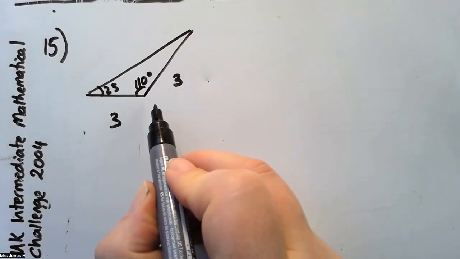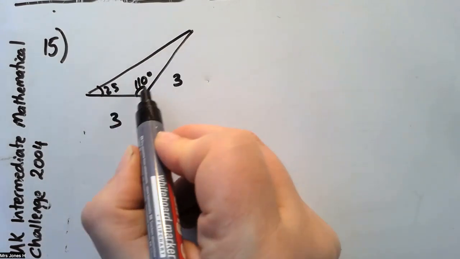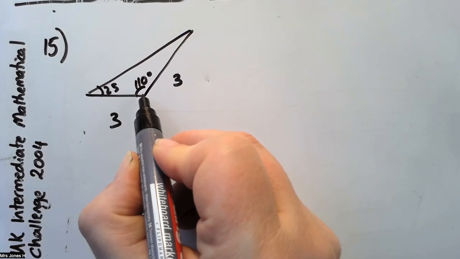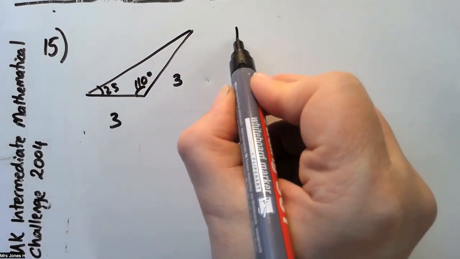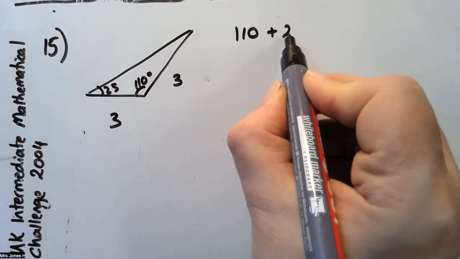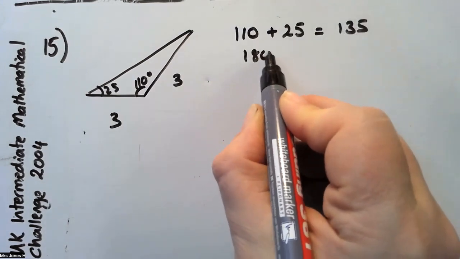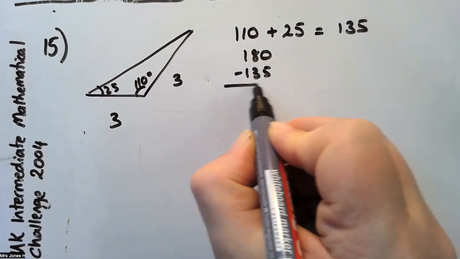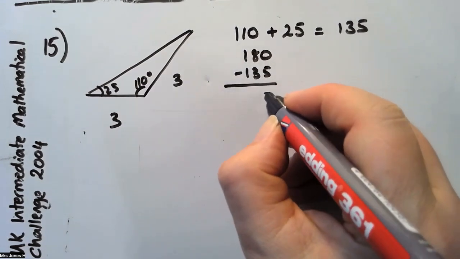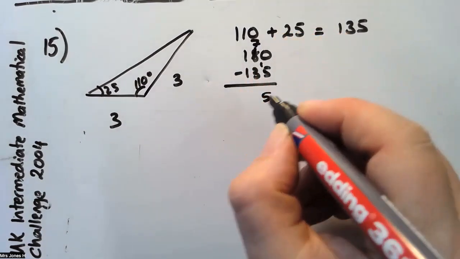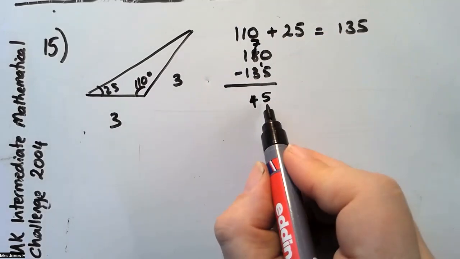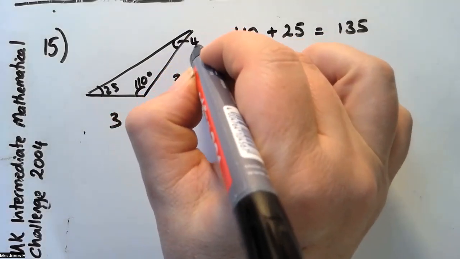The angles inside a triangle sum to 180. Then we're looking at an angle here of 45 degrees.